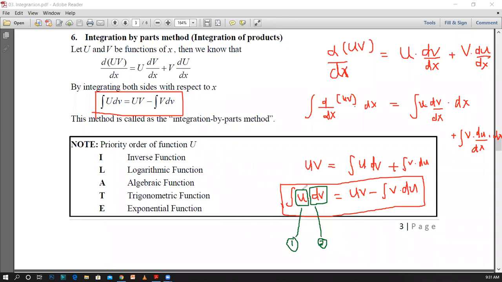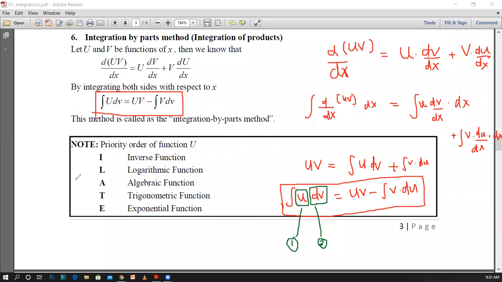Once you identify u, the remaining part would be considered as dv.